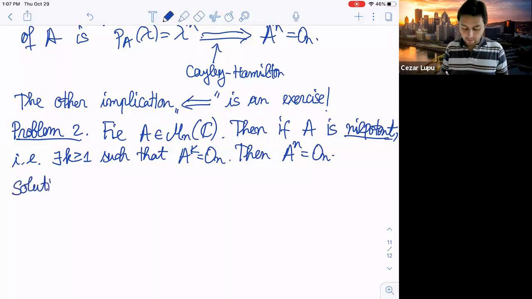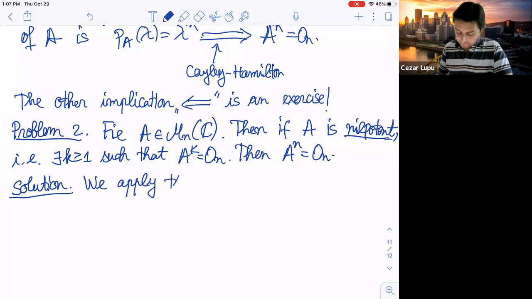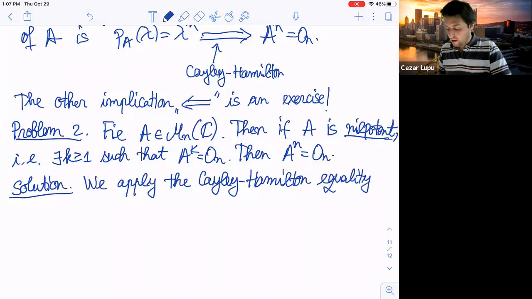So solution. We will use the Cayley-Hamilton equality, this time for matrices of size n. And what do I mean by that?